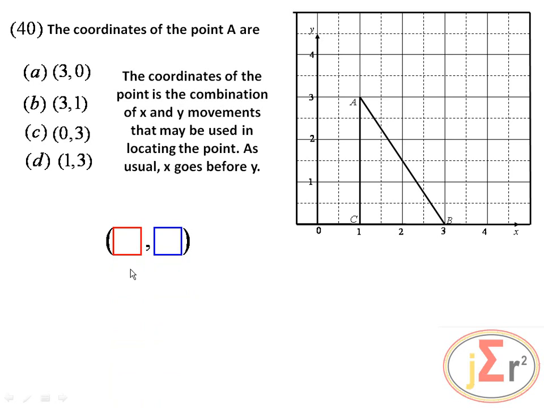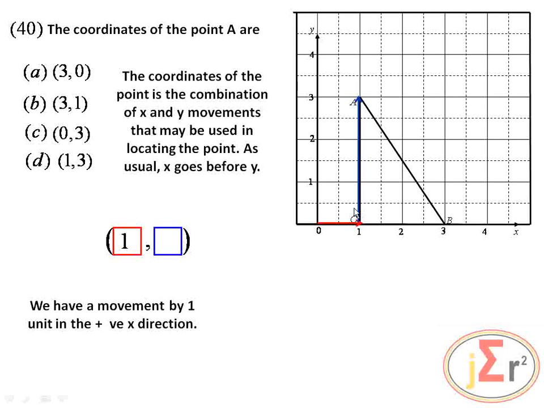So what will be the X movement and the Y movement in locating the point A? We are using color codes. The X is in red and the Y will be in blue. So there's your X movement from here to here, only 1 unit. So we have a movement by 1 unit in the positive X direction. So 1 goes there. And then finally, we have another movement in the Y direction.